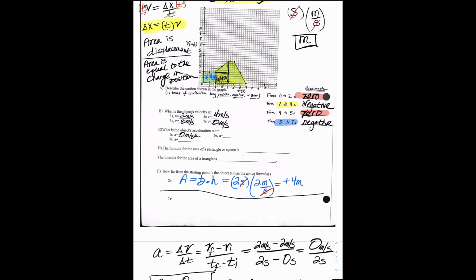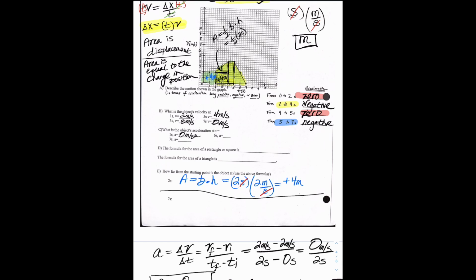This triangle up here, we'll get the area of that. It's going to be 2, but I'll find the area here in a second. How did I know it's going to be 2? Well, the triangle formula: the area is equal to 1/2 base times height. What's the base there? The base here has to be 2 seconds. What's the height?